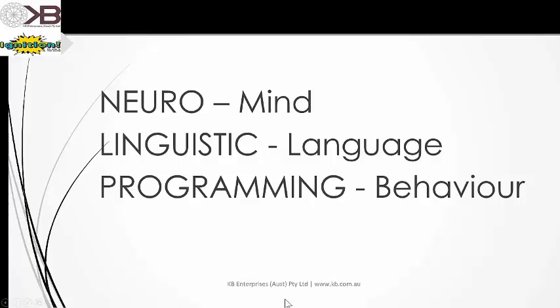The next term is programming. And so what this is, is behaviour. And what it is all about is the sequences of repetitive behaviour and how we act things out. So really NLP is about connecting our thoughts, our speech and our actions.